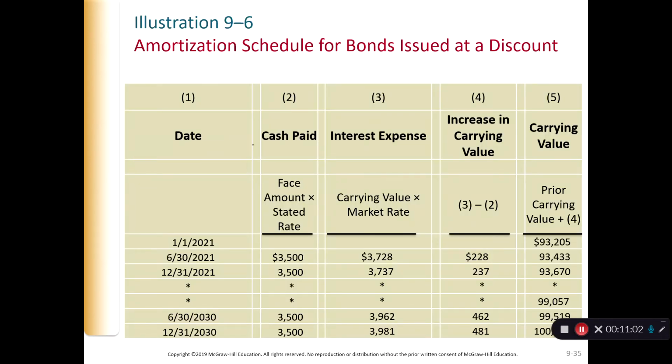in this section, we want to show you the amortization schedule of a bond issued at a discount, right? So at the beginning, you issued a bond at $100,000, and you promised to pay 7% a year, and the market rate of a similar-risk company is actually 8%, and that you issued at a discount.